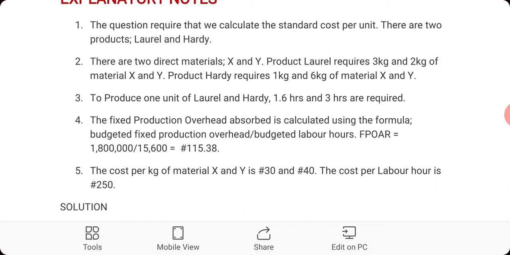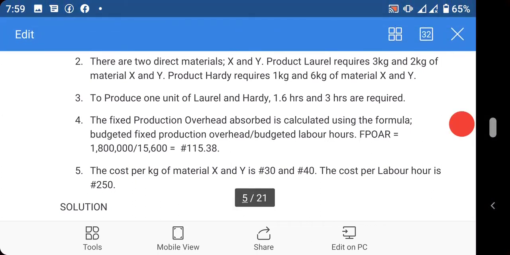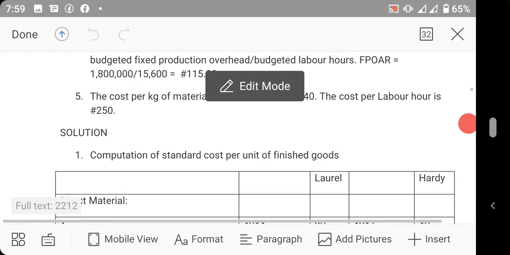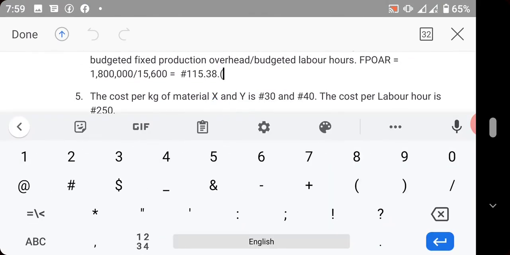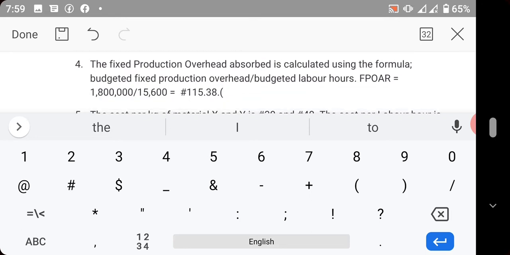You understand? Good. So we now have our overhead absorption rate per hour as 115 naira. Now, it is important that I show you how this was gotten. You open bracket, you say 1.6 multiplied by 6,000, you close bracket, plus another bracket open, 3 multiplied by 2,000.